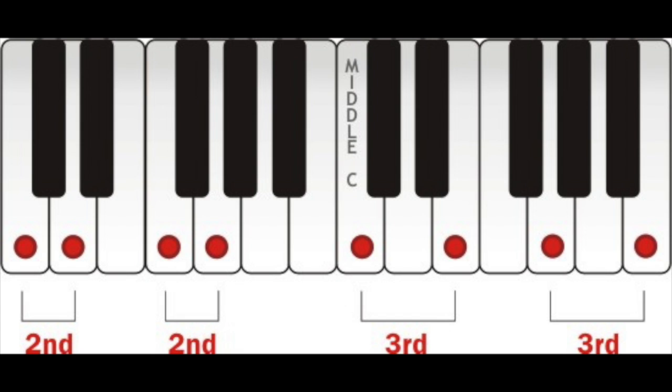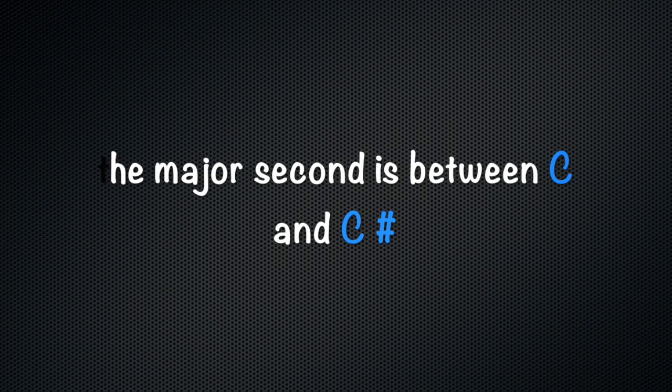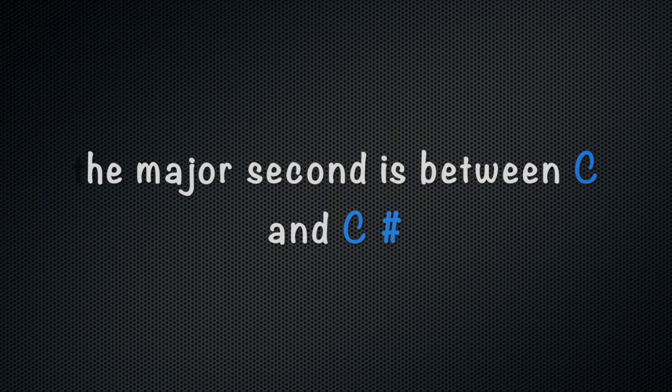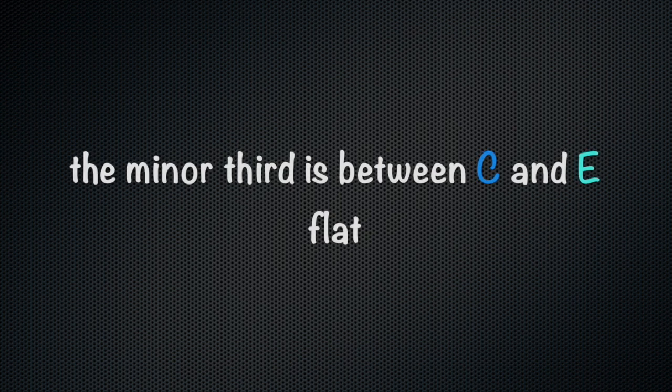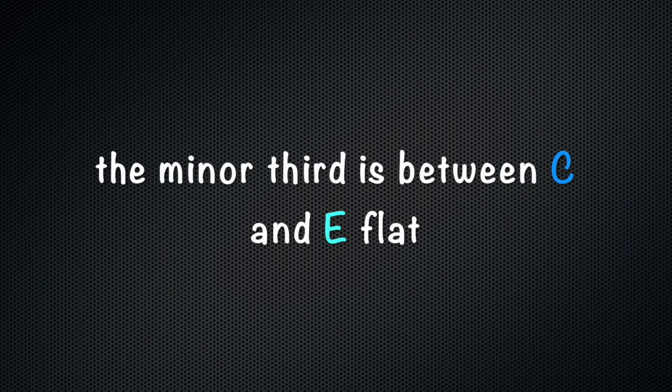We have the major and we have the minor. So let's go back to the second. The minor second is between C and C sharp, while the minor third is between C and E flat.